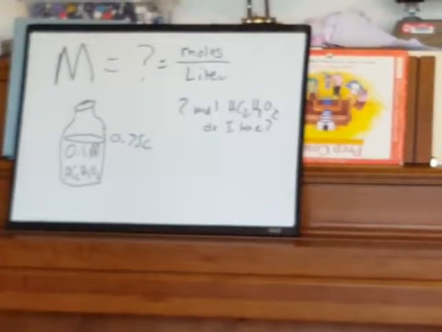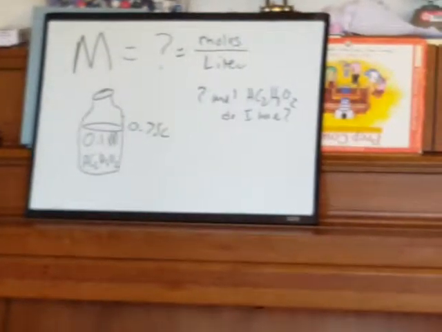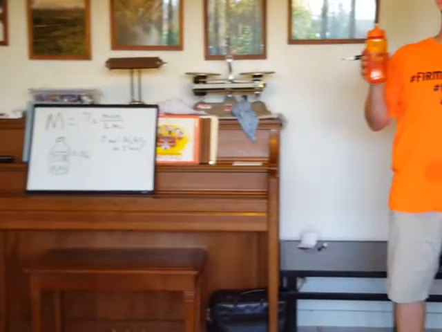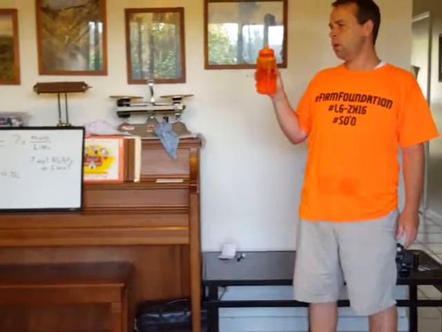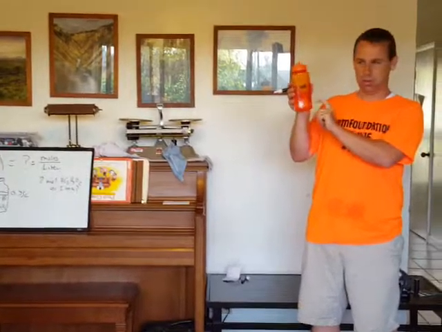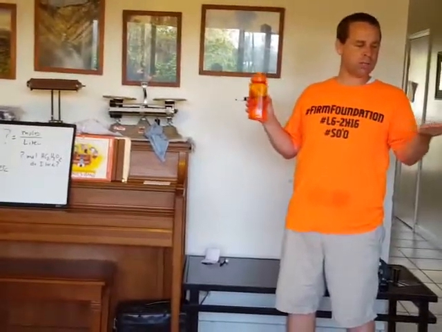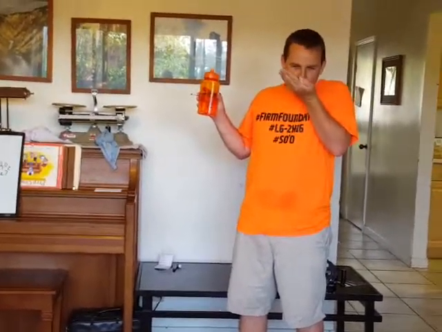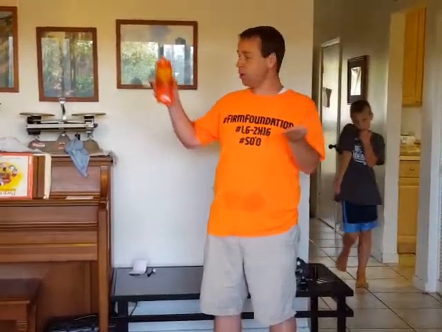Here's a solution. The solution is 1 molar sodium chloride. I've dissolved 1 mole of sodium chloride per liter. That's the concentration here. Now, what's the concentration of the water in my hand? Salty water. What's the concentration of the water here compared to the water here?